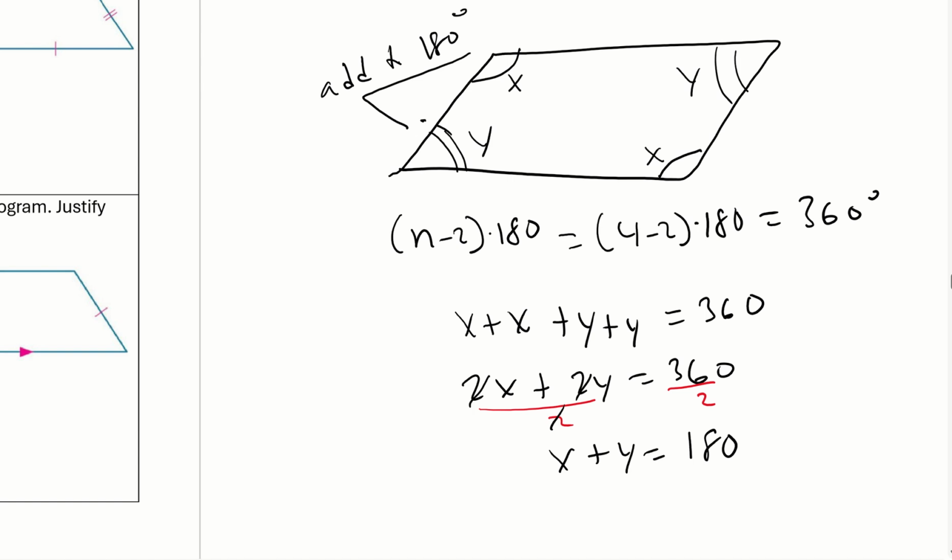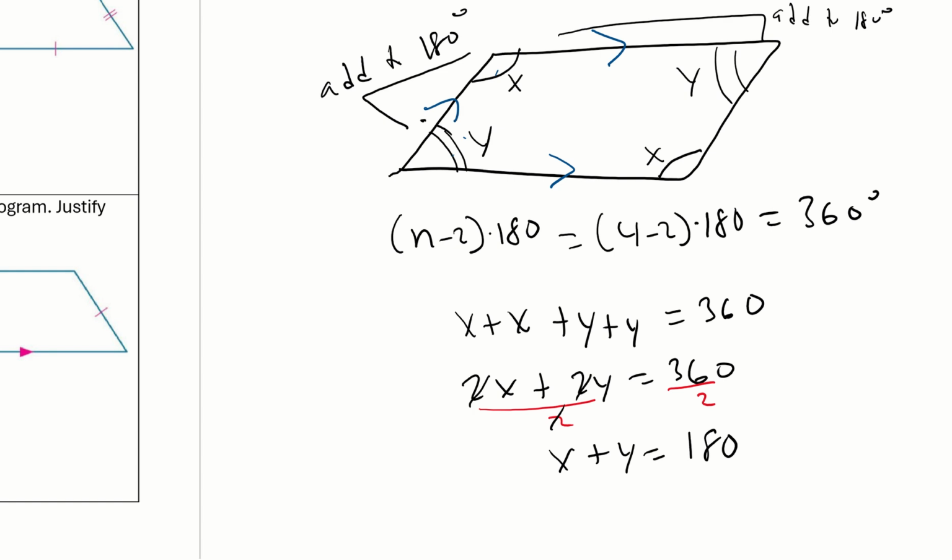Well, if that adds up to 180 and this adds up to 180, then what does that mean? It means that this must be parallel to this side, because these two add up to 180. That's the converse of the consecutive interior angles theorem.